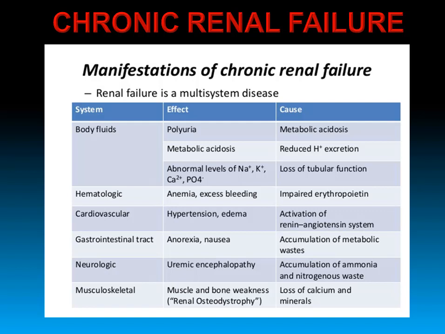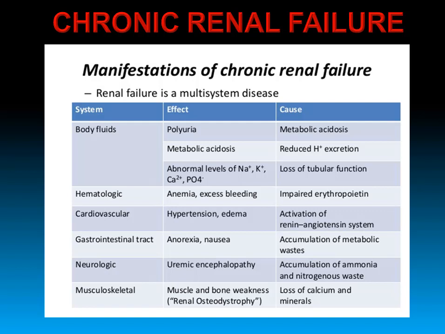Musculoskeletal system, osteoporosis of bones due to calcium loss, osteomalacia, and secondary hyperparathyroidism. Additionally, anemia can be seen due to absence of erythropoietin, which is normally produced in kidneys, and effect of uremic toxins on the bone marrow with inhibition of erythropoiesis, also hemolysis of erythrocytes due to action of uremic toxins, hemorrhagic syndrome, including hematuria.